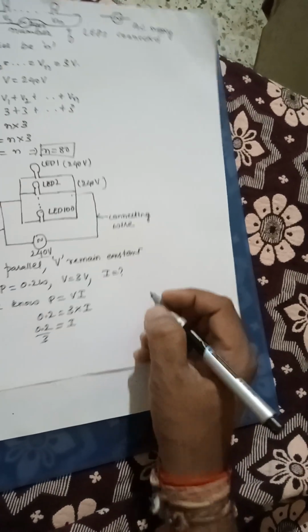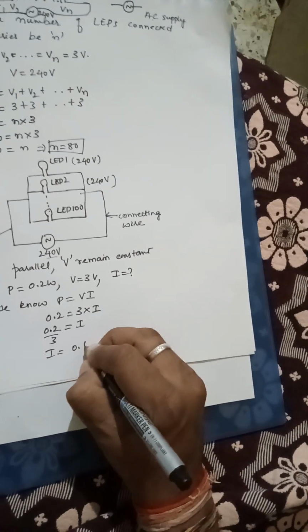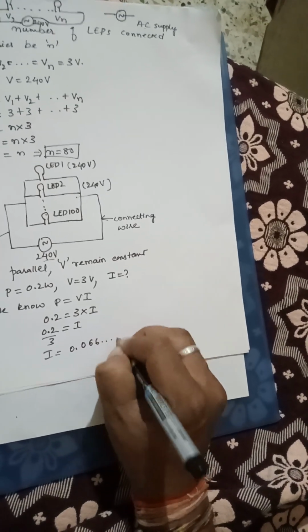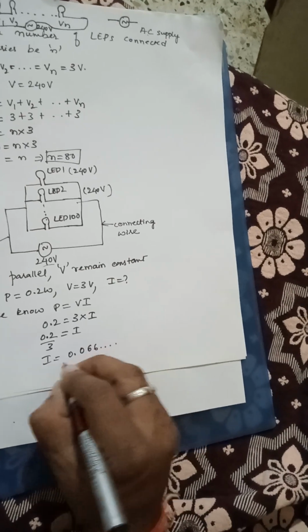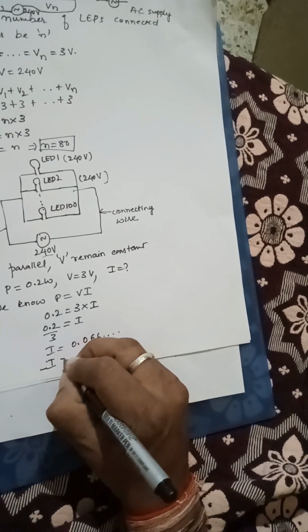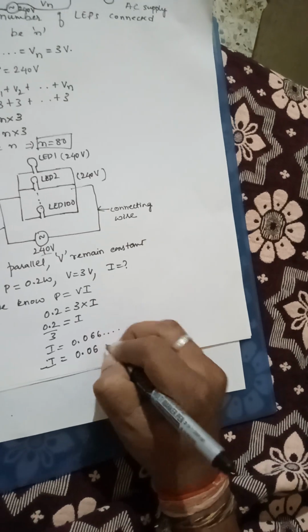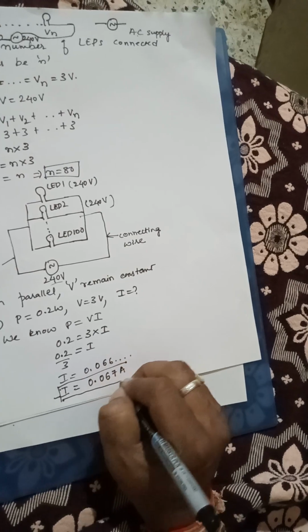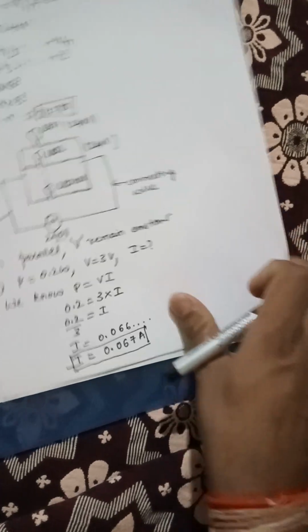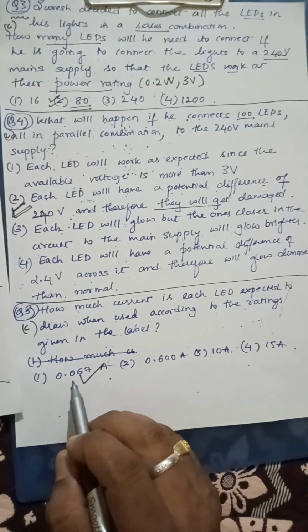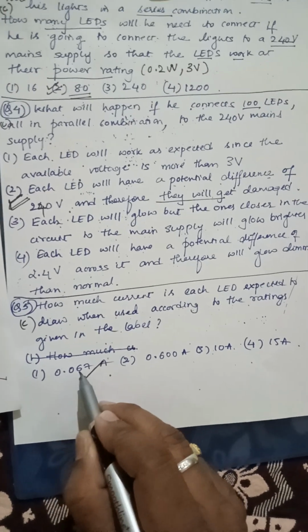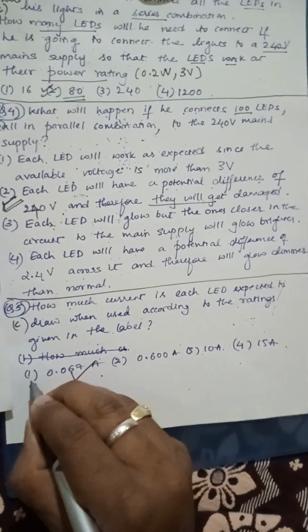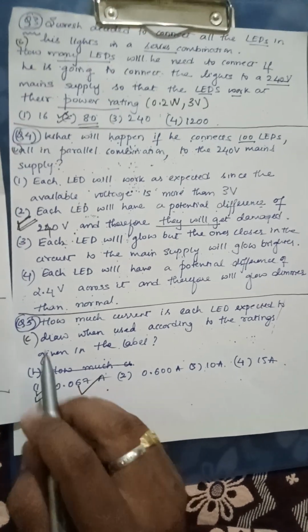If you divide 0.2 by 3, you'll get 0.066 and so on, a non-terminating repeating decimal expansion, which we can round off and say the current is 0.067 amperes. So how much current is supposed to flow through each LED as per the given ratings? It is 0.067 amperes. In the given options, the first option has 0.067 amperes, and therefore option 1 is the correct option for question 5.